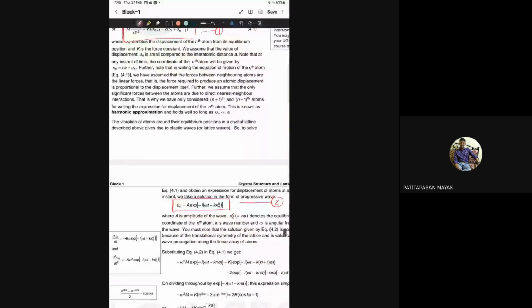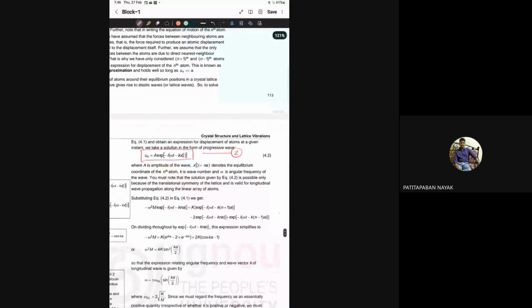If we use that, we will get this equation, and if we simplify, we will get omega equal to this. So what exactly is this giving? It is a relation between omega and k, or h cross omega and h cross k, that is, energy and momentum.